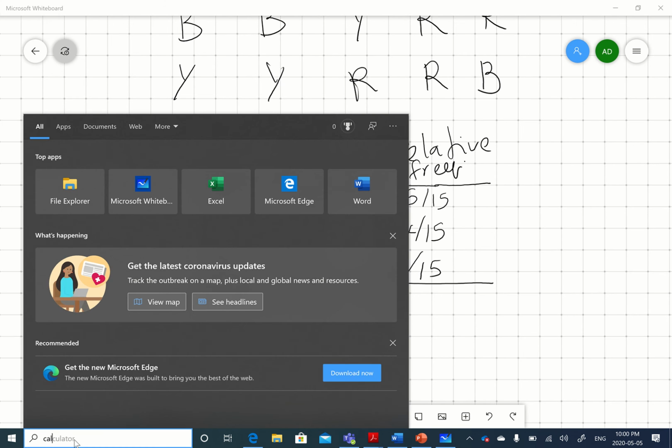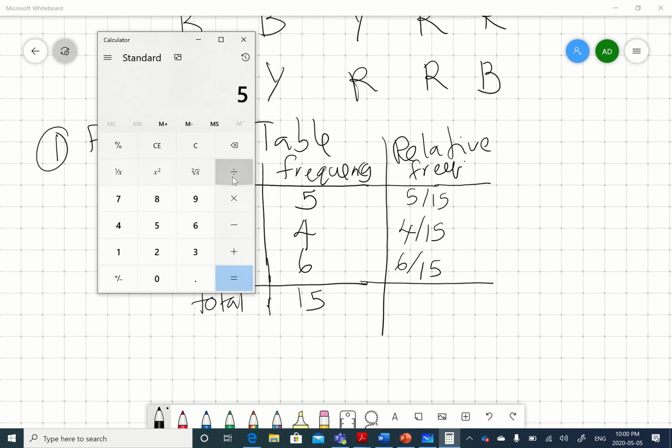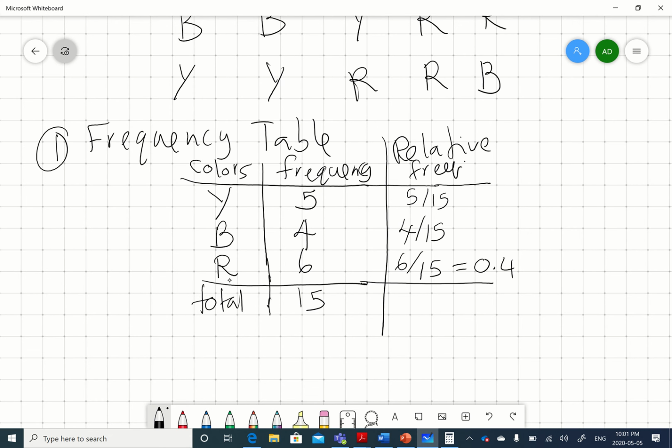Let me quickly pull up the calculator. So this one is 5 over 15, 0.33, and then 4 over 15, 0.267, and 6 over 15, so this is 0.4.